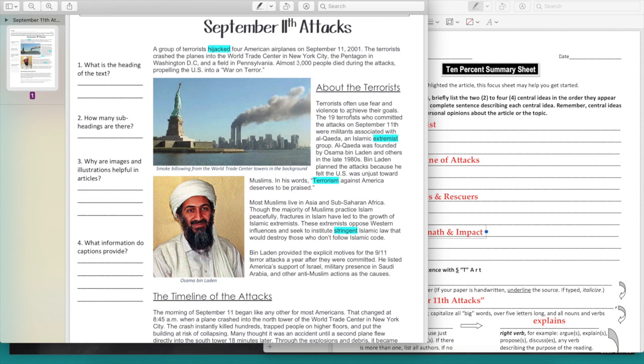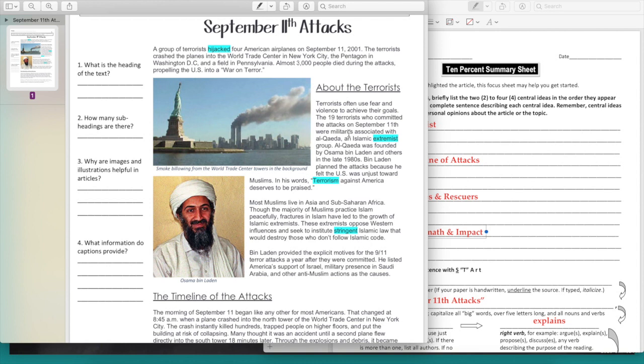There were 19 terrorists who committed this attack. That's pretty important. They were militants affiliated with Al-Qaeda, and they were all connected to this group that Osama bin Laden was a founder of.